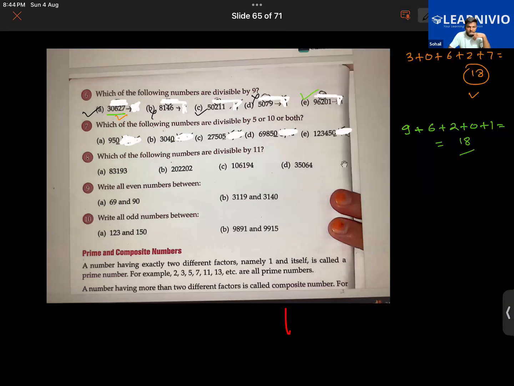Okay. Now question number 7. You know the rule for divisibility of 5 and 10, right? So it says divisible by both 5 and 10. So what about option number A? First of all, state the divisibility rule for 5. Which numbers would be divisible by 5?